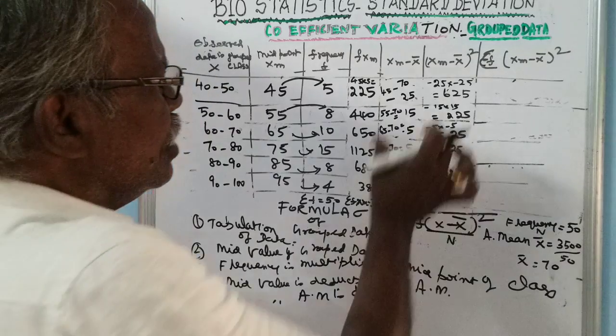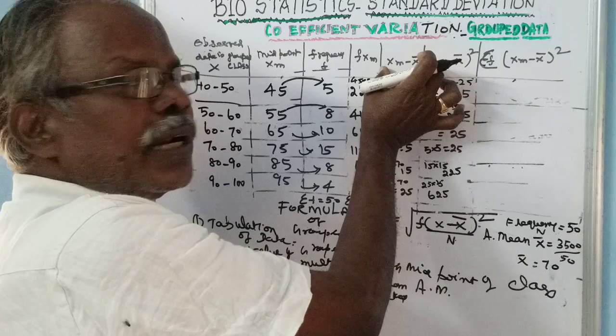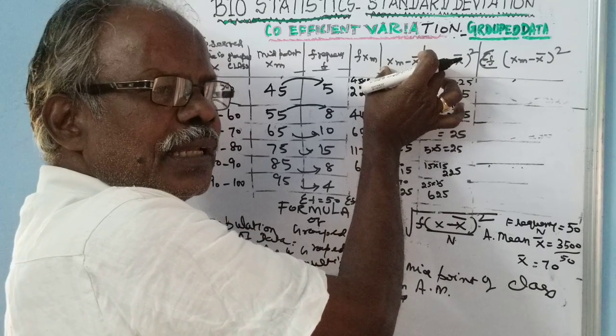Now we have found out the square of the mid value deviation from the arithmetic mean.